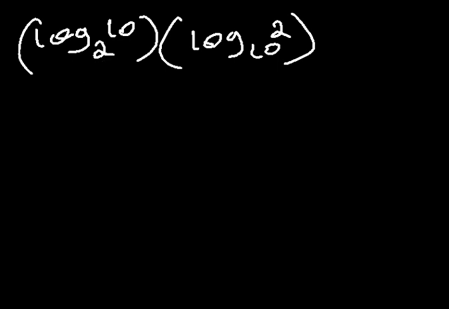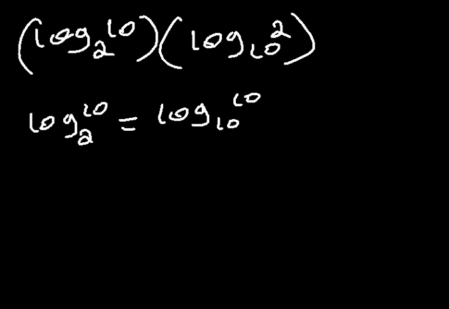Now having log base 2 of 10, this is the same as log base 10 of 10 divided by log base 10 of 2, using the principle of changing the bases of logs.